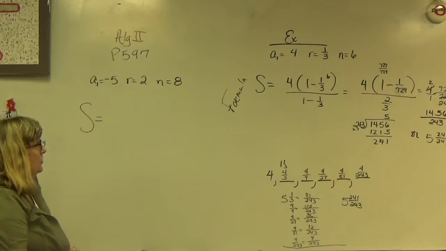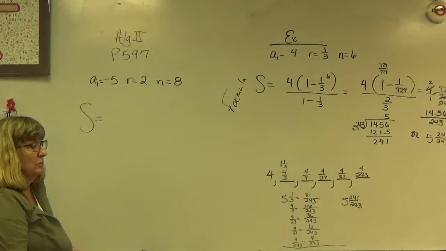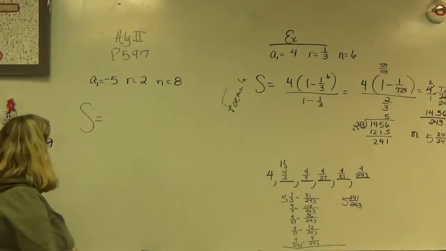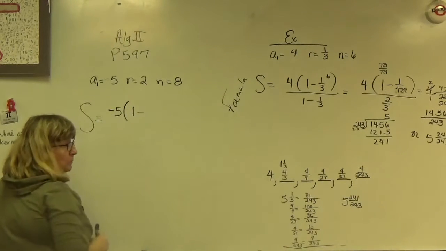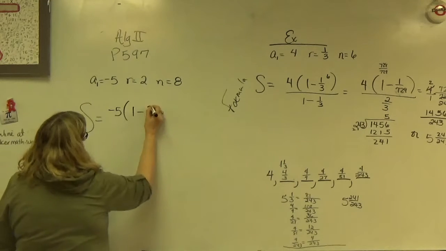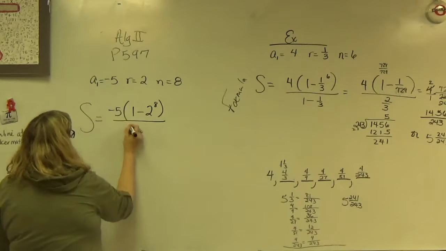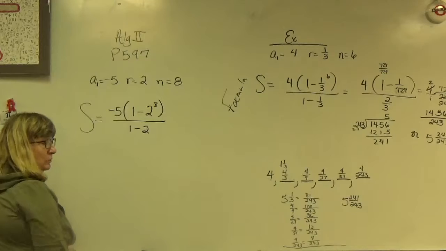So in the formula, the first thing you ask for is what is my first term? -5. Then it's 1 minus what's your ratio? 2. To the 8th power, over 1 minus your ratio.